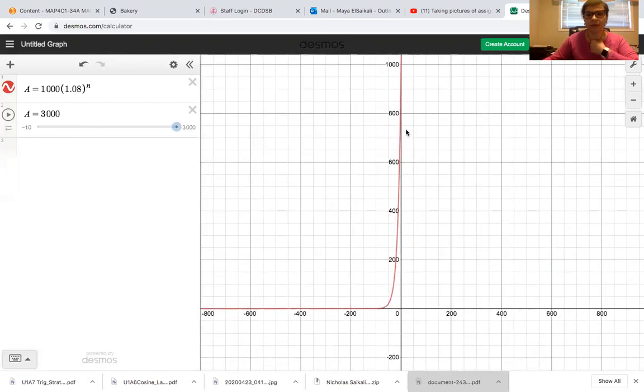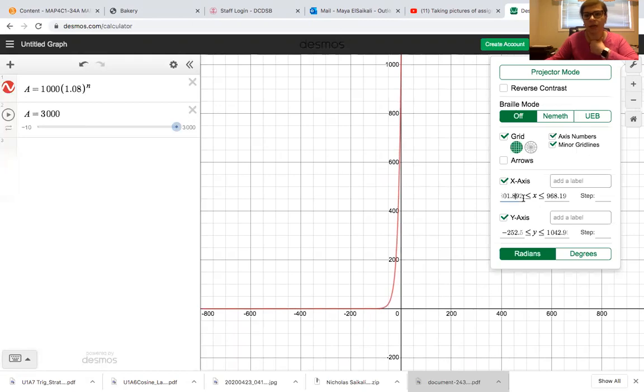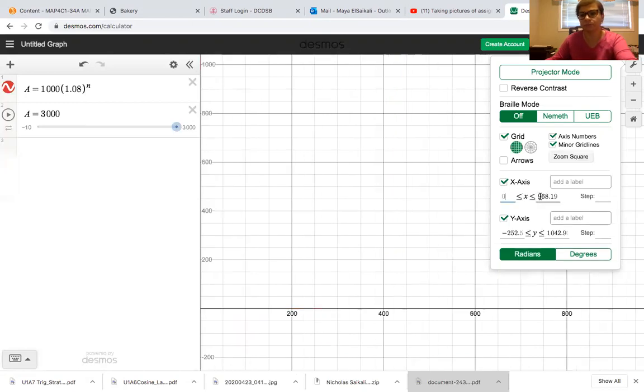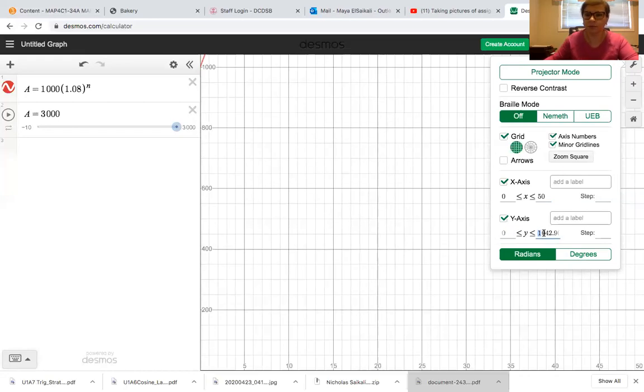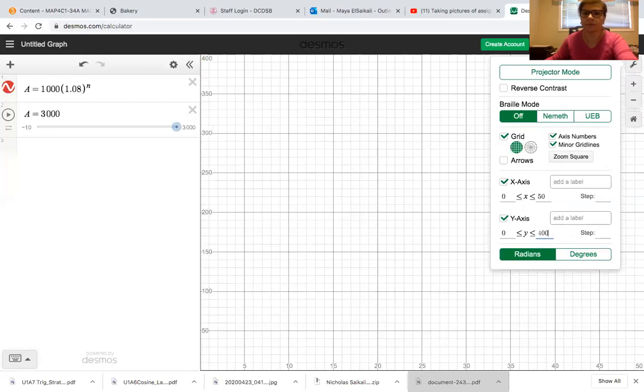But again, because this is the y right now, they're only like 800, 600, right? So you want to change your settings a little bit. And then you want to go for the x-axis from, let's say, 0 to 100 or to whatever, 50, let's say. And then on the y-axis, you want to go from 0 to 4,000, if we can fit that.